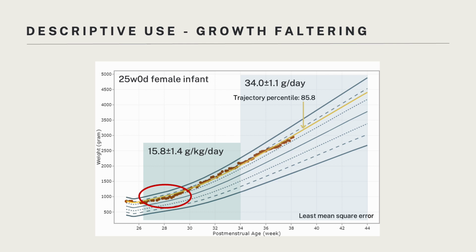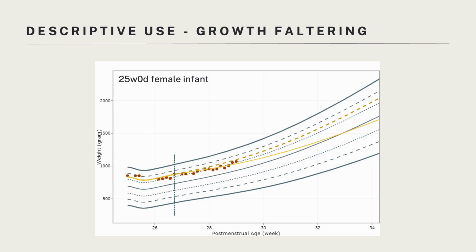You can tell that all weight data points are below the trajectory percentile curve. If we use the first 12 days of data to find the trajectory percentile, the representative percentile is 82.1. We found that all the subsequent data points went below the percentile line.